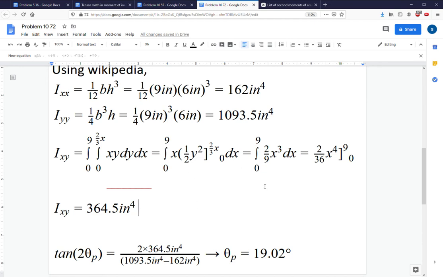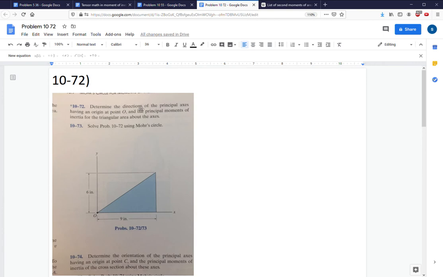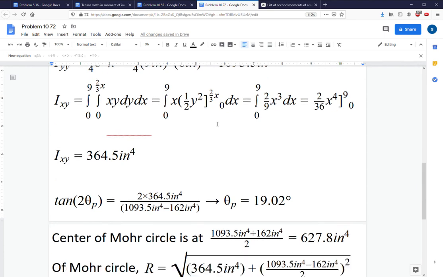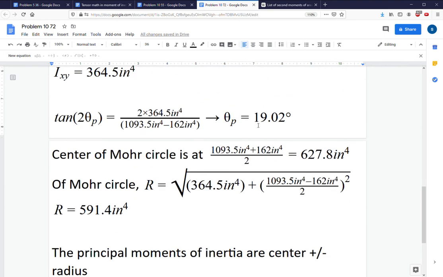All right, now that we have that information, the first thing, determine the direction of the principal axes. Now, I am going to most directly use equation 10.10, but we could also do this by using a Mohr circle.